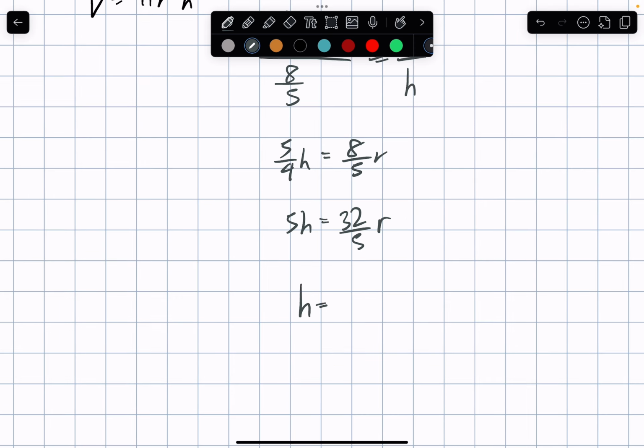Sorry, this is not v, this is r, radius. So 32 over 5r, divide both sides by 5, you'll have 25. So you could use this.